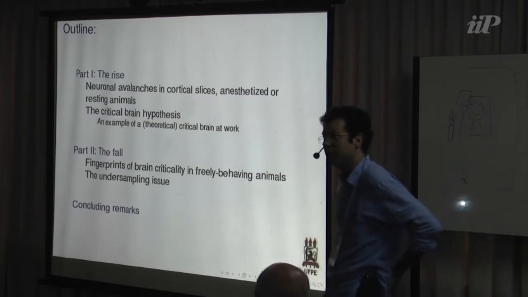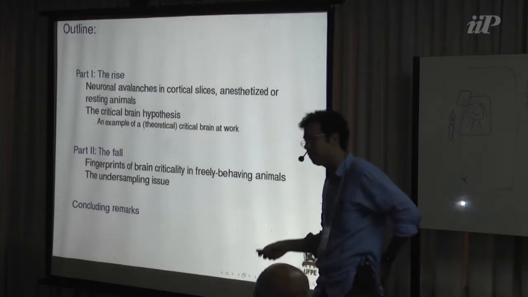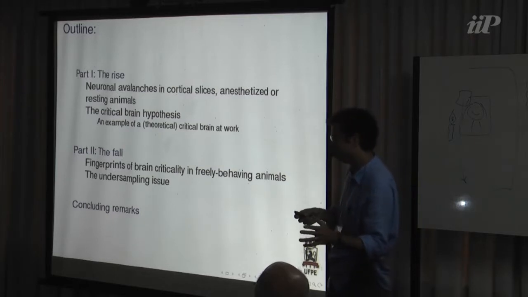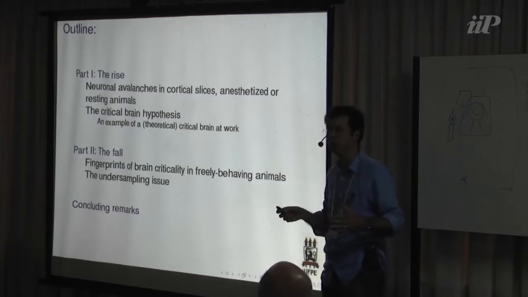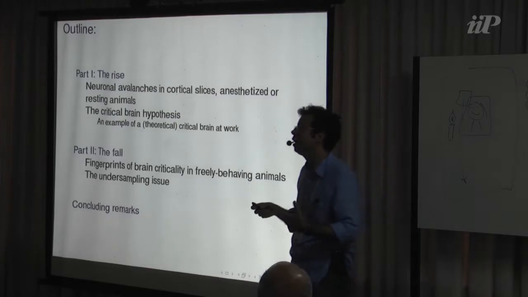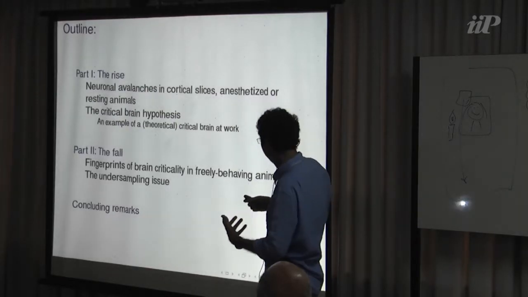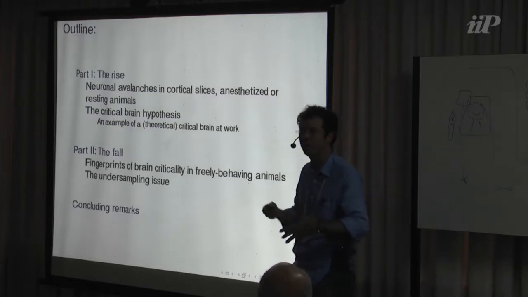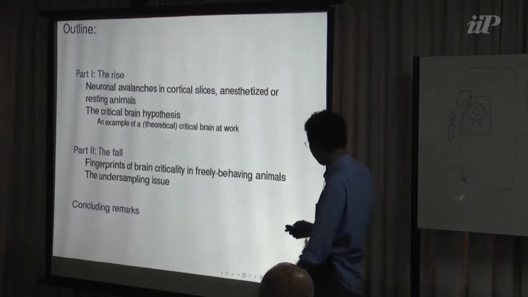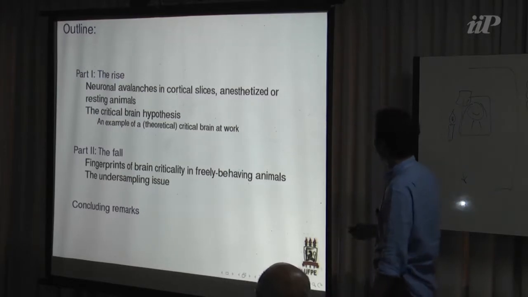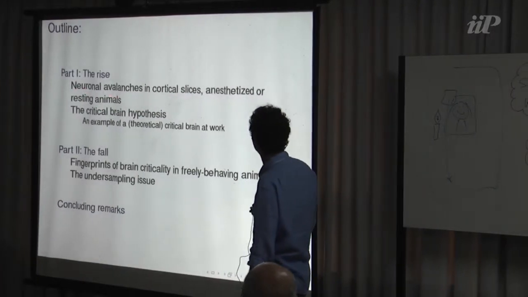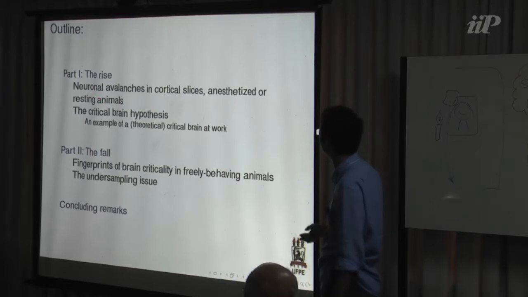So what I'm trying to do here is revisit some of the things that John talked about, visit other things, and try to be more on the side of the models and see what kinds of things we have tried, what is the success of models in reproducing the data, and give you some more data and a little model. So let us start with these neuronal avalanches in cortical slices. Let me stress this: anesthetized or resting animals. So cortical slices, anesthetized or resting animals.